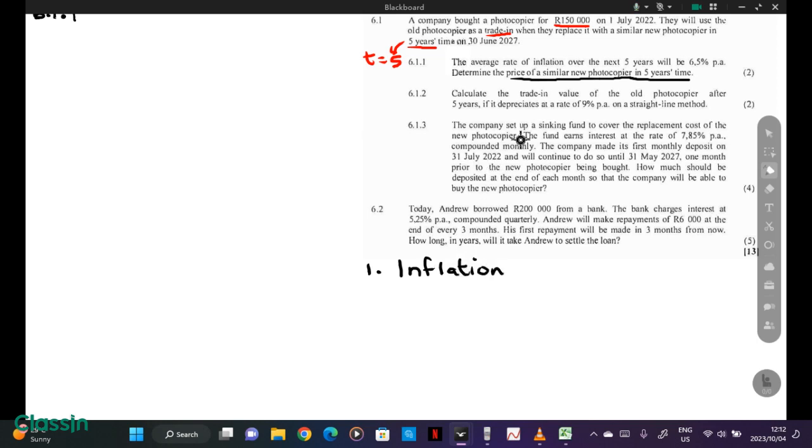They say that the average rate of inflation, because of this term inflation, talks to us about the formula that we need to use. Sometimes the examiner will use inflation first, and after inflation, he will go and use the term reducing balance.